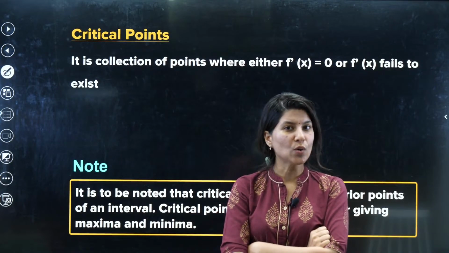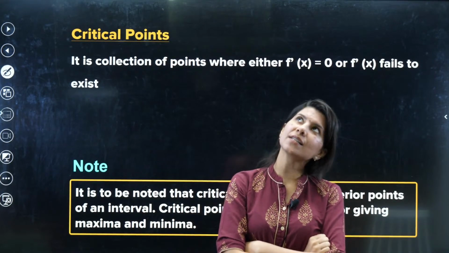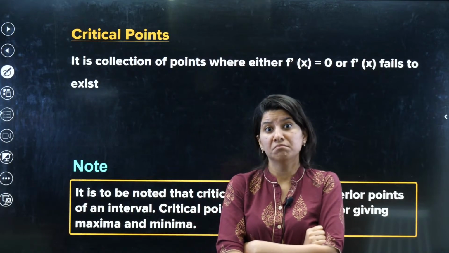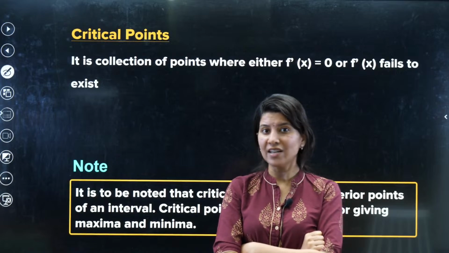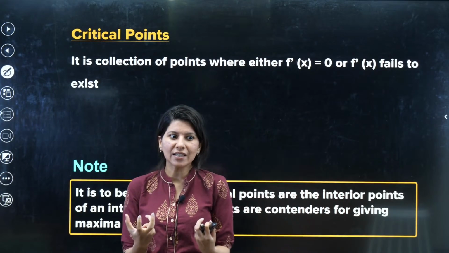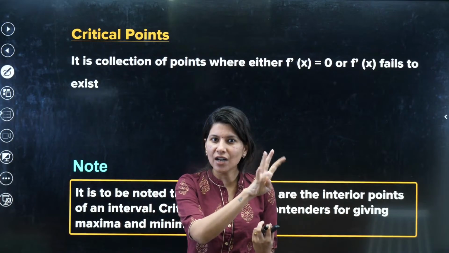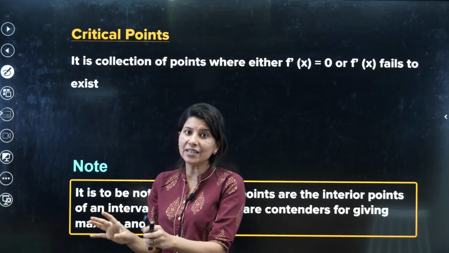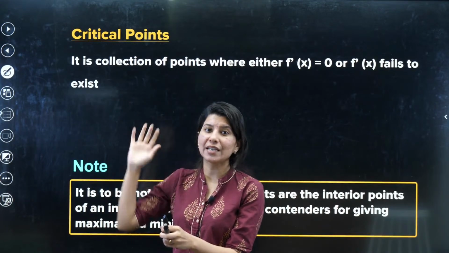You can't just think, okay, x equals 1 randomly, x equals 2 randomly, x equals 4, minus 1, minus 3.5. You can't keep guessing random numbers. You need something that tells you these 4 points are doubtful points, the points where I need to check. I don't have to worry about any other points.